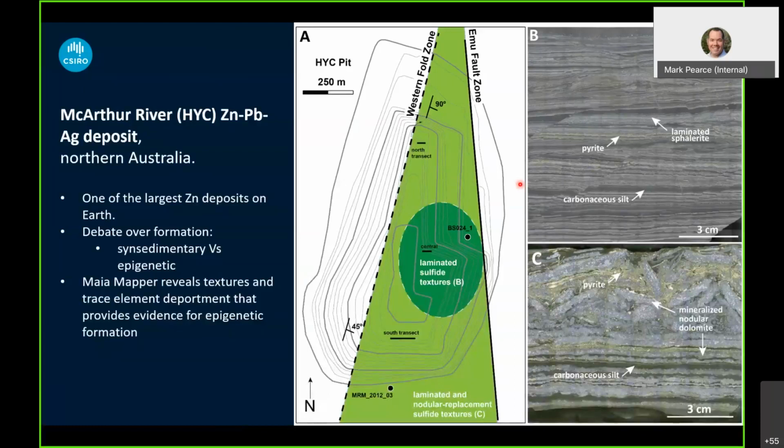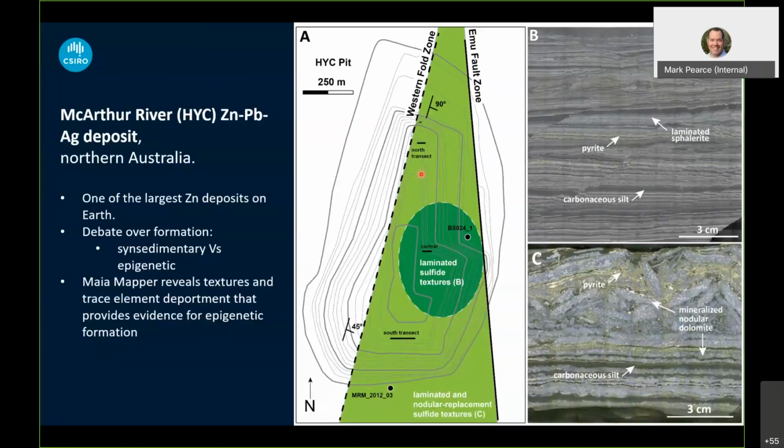Okay, so I'm going to give some examples from the McArthur River zinc lead silver deposit in Northern Australia. One of the key aspects of the research questions when we worked at HYC of McArthur River over the last few years is that questions remain over the syn-sedimentary or exhalative SEDEX formation mechanisms versus an epigenetic formation mechanism, which can be of importance when exploring for these types of deposits.